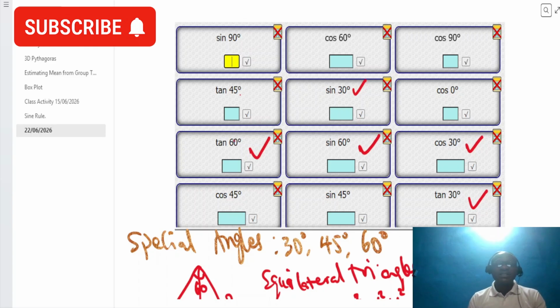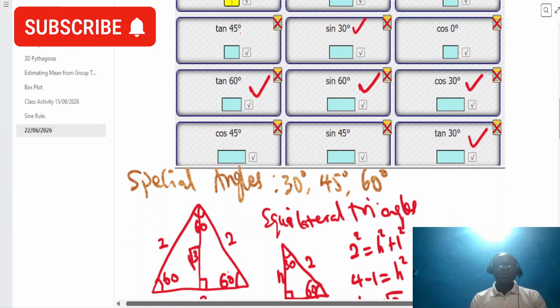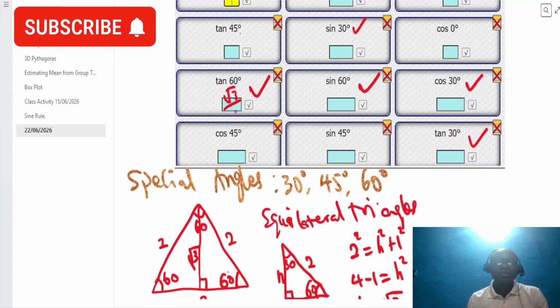Yeah. Now, what is tan 60 from the special triangle I have given to you? It's root 3 over 3? Look at the special triangle here.